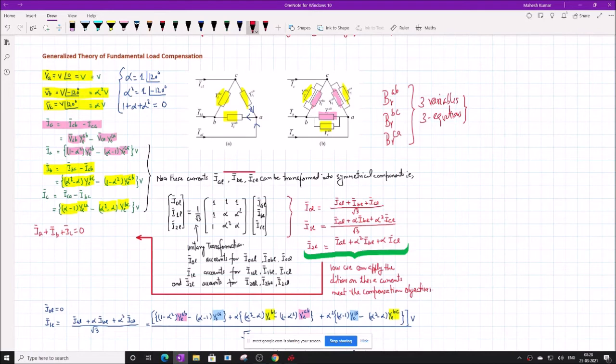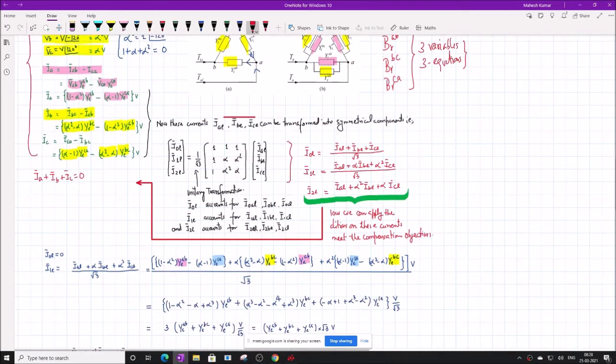Alright, this part is repeated from the previous discussion. So we know these currents. What to do next? The next step is to resolve these currents into the symmetrical components.